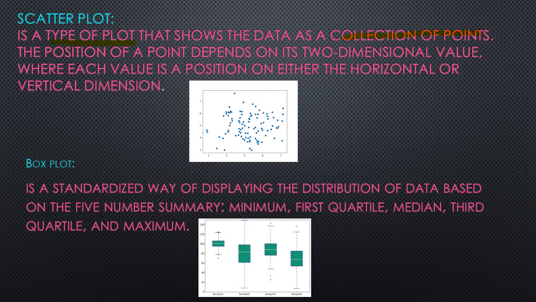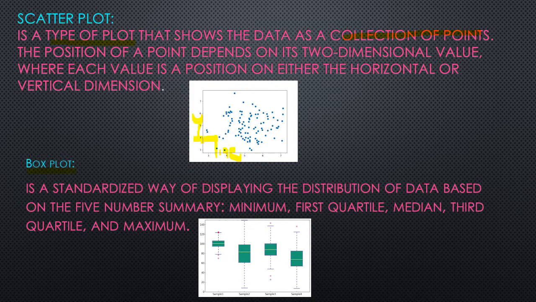The position of each point depends on the two-dimensional value, where each value is positioned on either the horizontal or vertical dimension. So we have the x-axis and y-axis, and the values given are joined at points. This is called a scatter, and it shows the values.